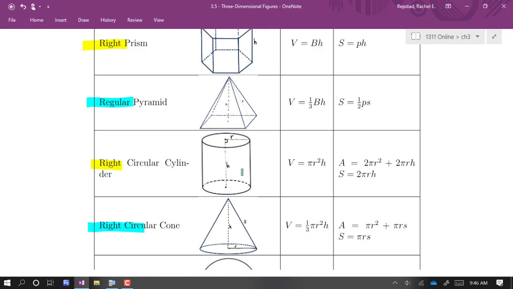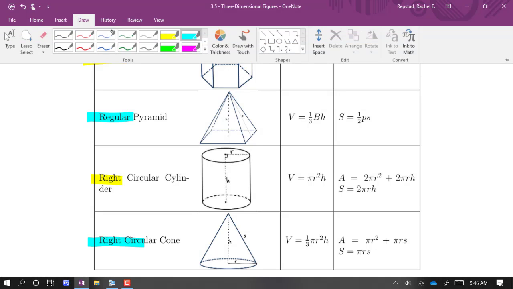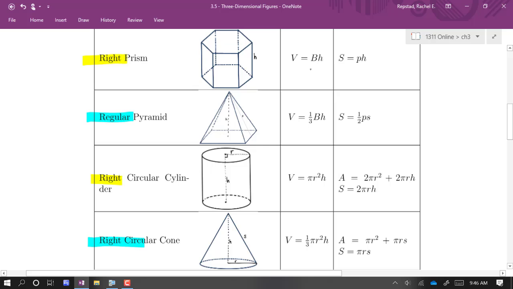But this time, instead of raising it up to a uniform height and getting a flat top like we do with the right prism, I'm raising it up to a point. Just note that the formulas are really similar, but when I raise it to a point instead of a uniform height, the volume is 1/3 of that prism.